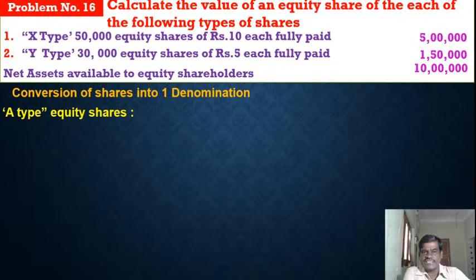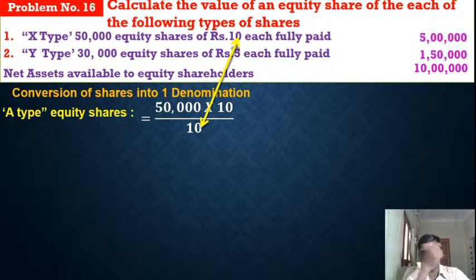What are the number of equity shares in A type? 50,000 into face value 10. We are converting 10 rupees into 10 rupees, divided by 10.